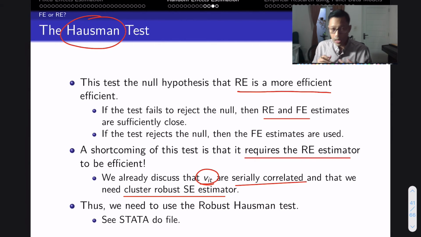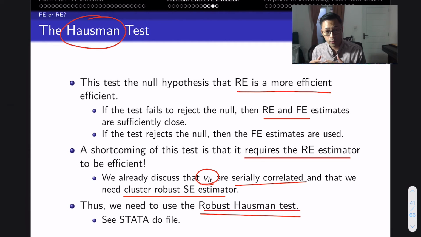Now, I just want to be very, very blunt here. The choice of using fixed effect or random effect cannot just be based on what the robust Hausman or the Hausman test tells you. It really has to be based on the design of the estimation.